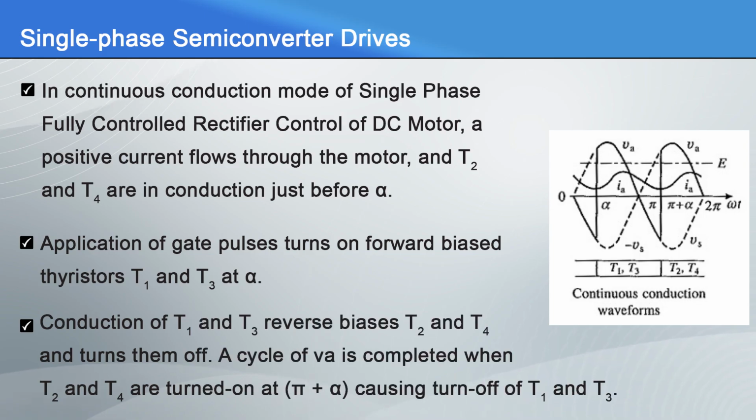Conduction of T1 and T3 reverse biases T2 and T4 and turns them off. A cycle of Va is completed when T2 and T4 are turned on at pi plus alpha, causing turn off of T1 and T3.